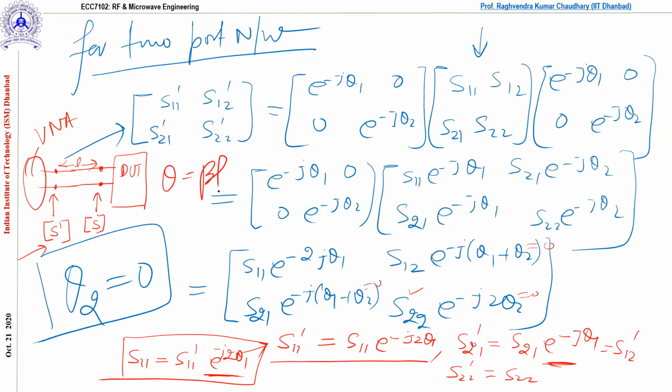Beta you can find from 2 pi by lambda, and then you multiply, so you will get theta. Because ultimately the system is going to run at a certain frequency, or over a large number of frequencies, a band. So we need to perform this exercise, and hence you will get the original S parameter of the device.